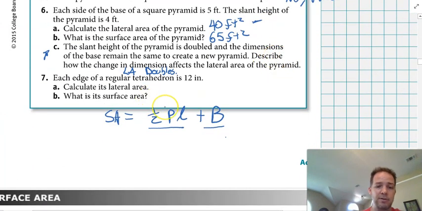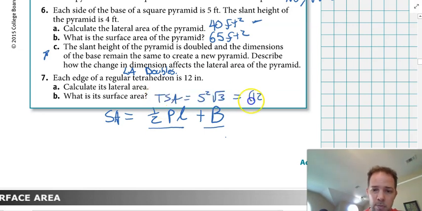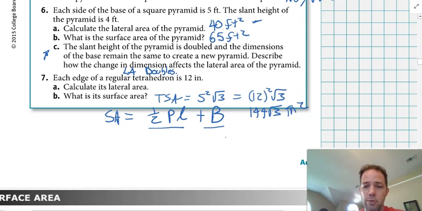Well, let's do that one first. Side squared root 3. So 144 root 3 inches squared.